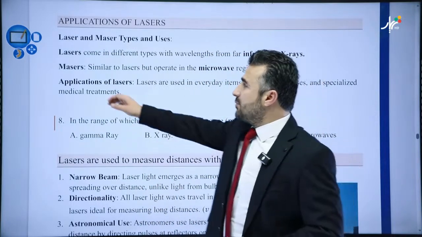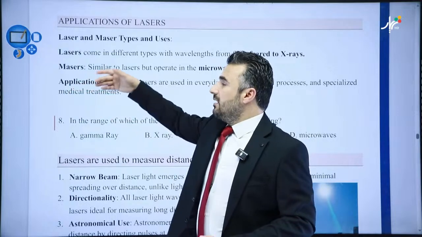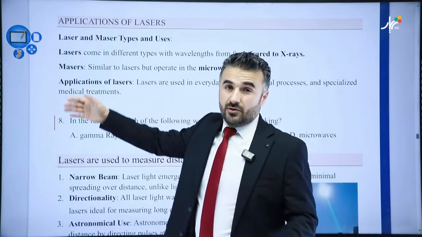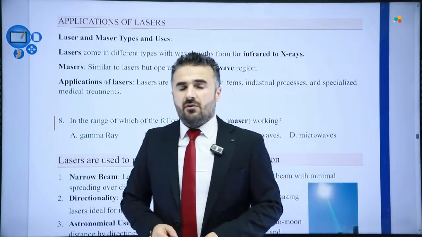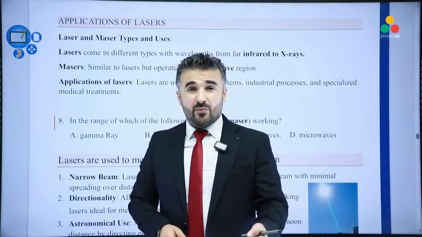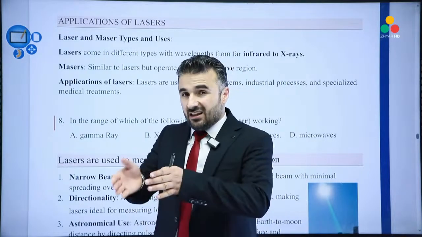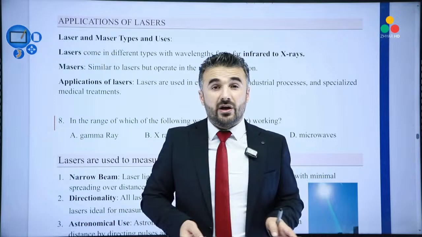Now we have another type, not a laser, which we call masers. What are masers here? Do you remember how we defined lasers? Light amplification by stimulated emission of radiation, correct?